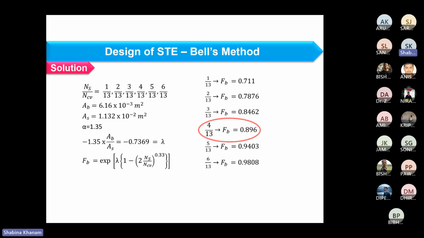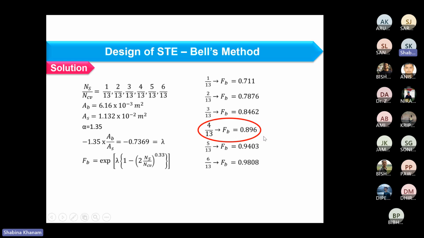The FB value, by putting the correct number of sealing strips, should be more than 0.85. Whatever number gives the value 0.85, even if you see this is 0.84, it will not work. So 0.85 and more than that, whatever FB value you obtain at whatever NS number or sealing strip number, that you need to consider.